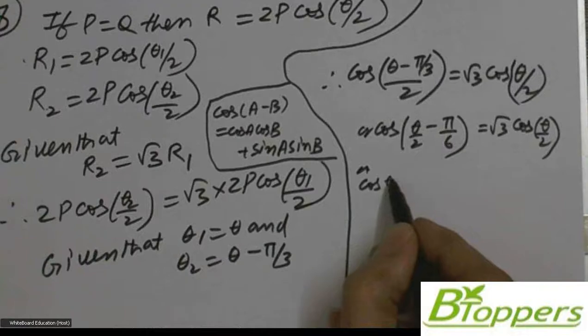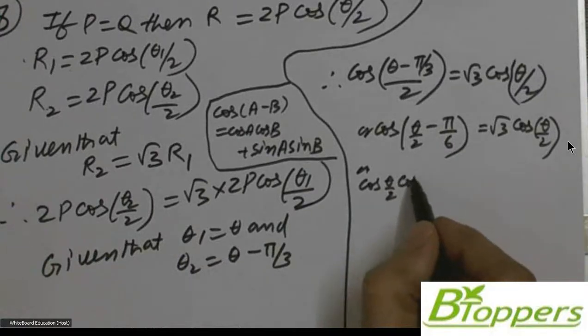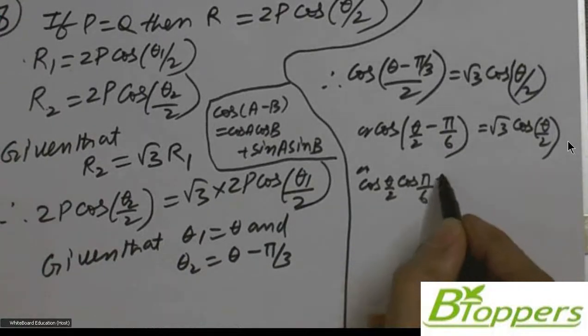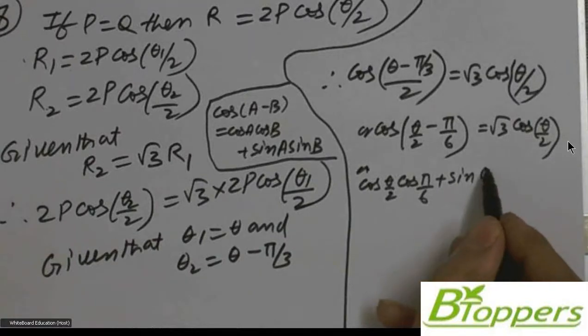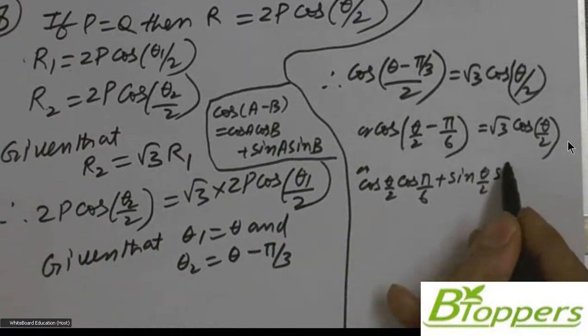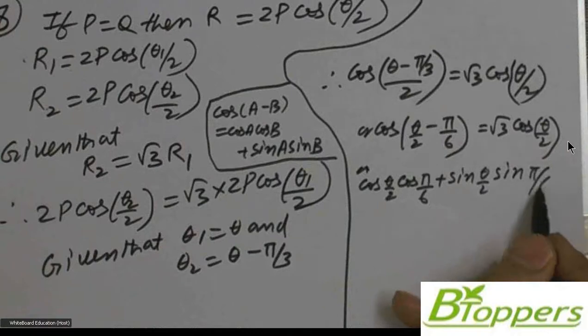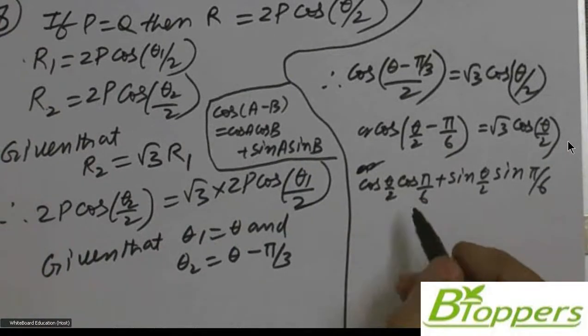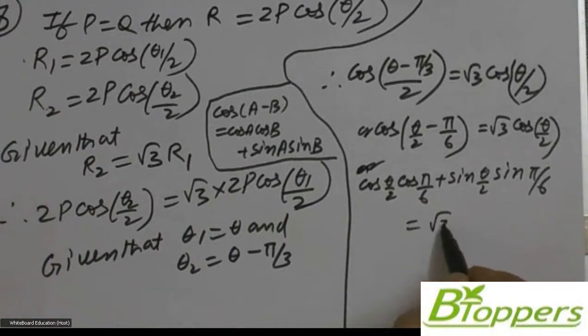So the left hand side you can write cos theta by 2 into cos pi by 6 plus sin theta by 2 into sin pi by 6, which is equal to root 3 times cos theta by 2.